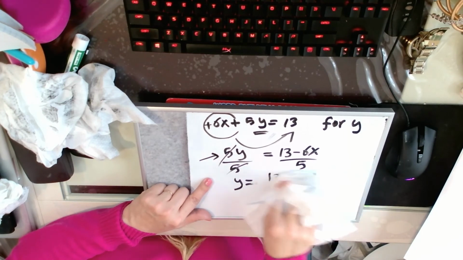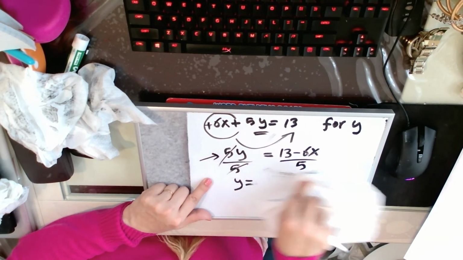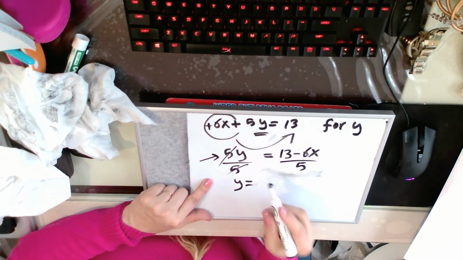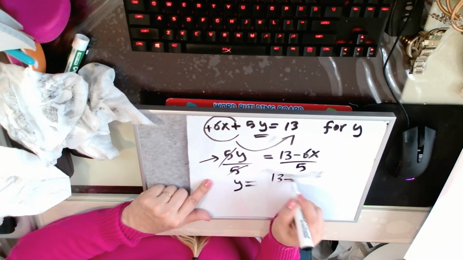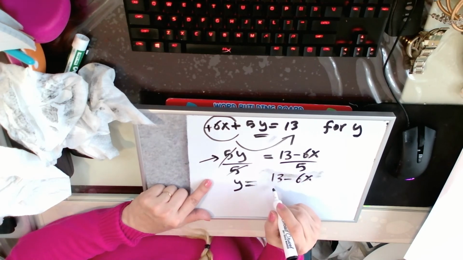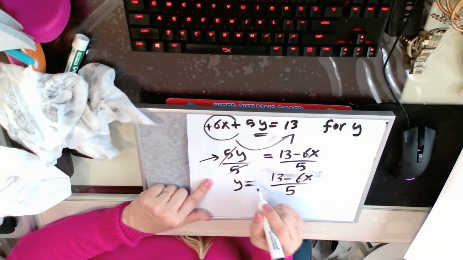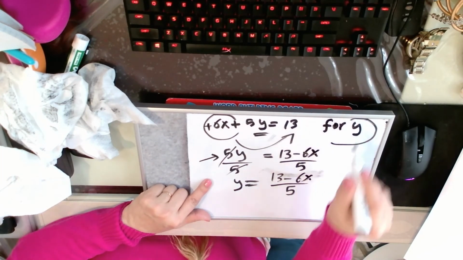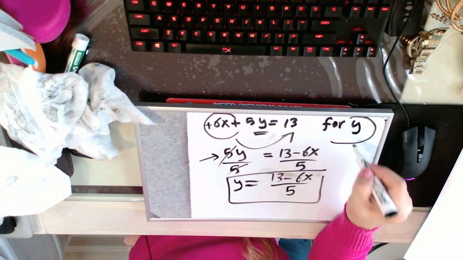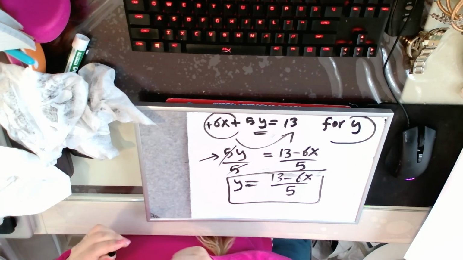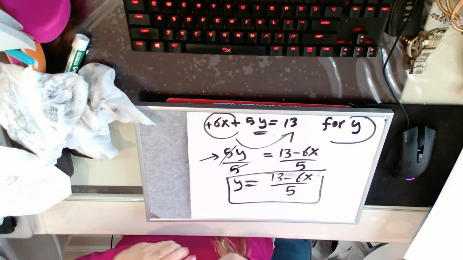You will try. Math is trying. It's not just one way. You have to try and try. They said solve for y, not for x. That's it. This is the answer.